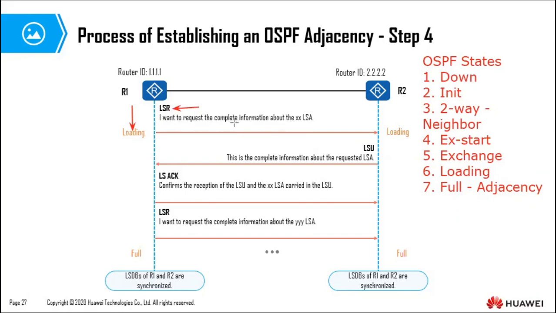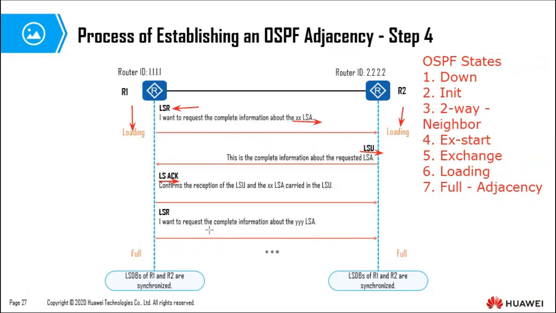So I want to request the complete information about this particular network, for example. If this one receives that, also on loading, then it will reply with an LSU. This is the complete information about the requested LSA. Then this one will acknowledge: I confirm that I have received the LSU of this LSA. Thank you.